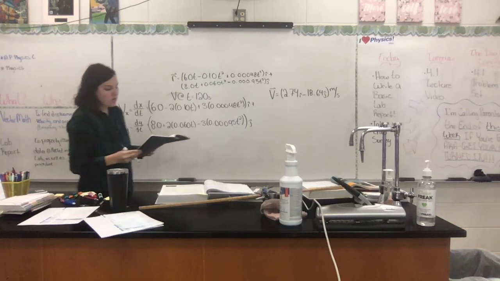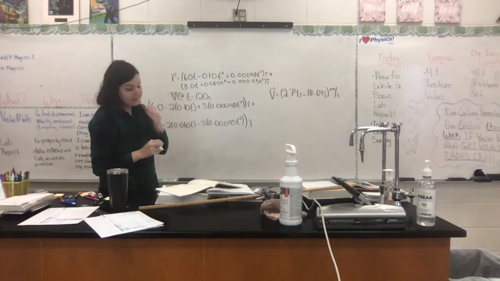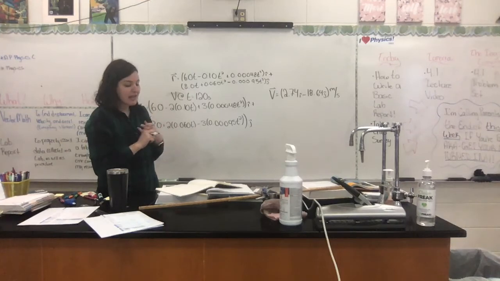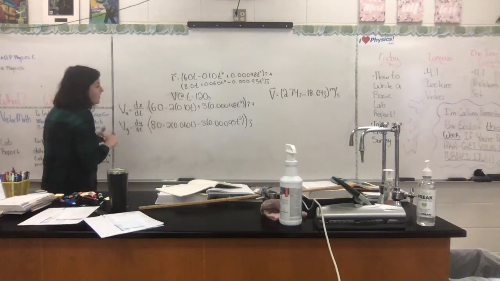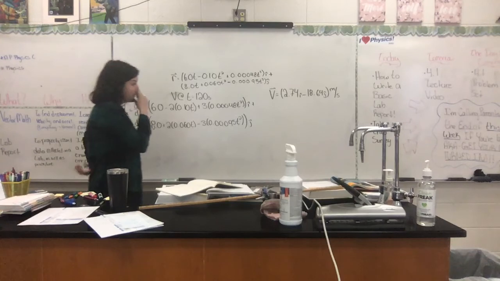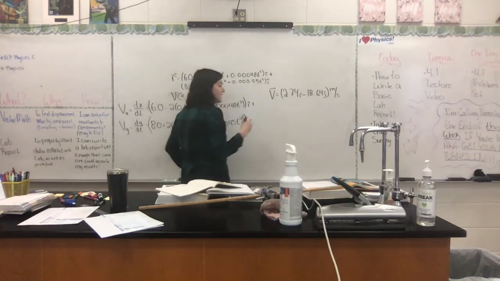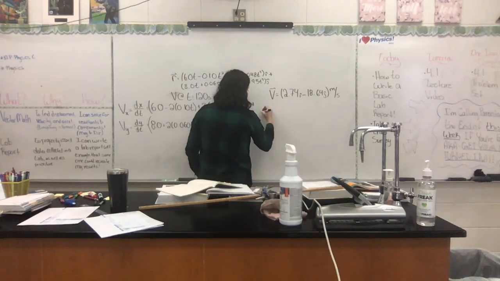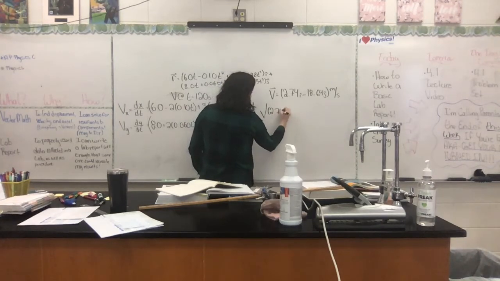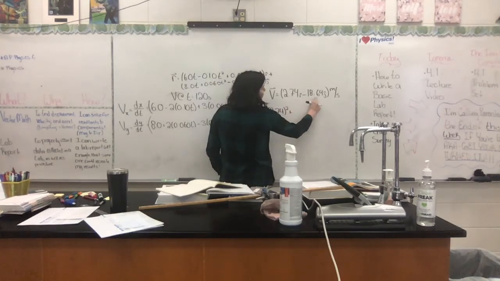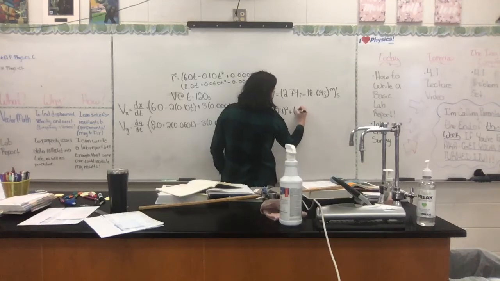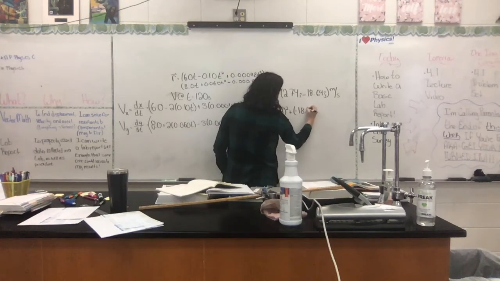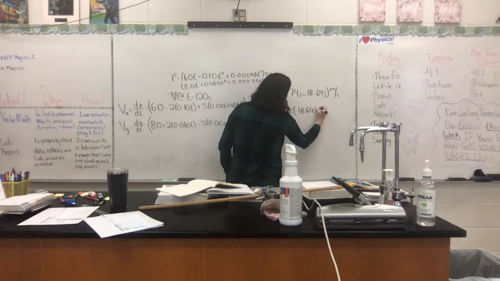However, we need to find the speed and direction of this car, right? So what we're going to do to find v is take the square root of the x component, 2.74 squared, plus the y component, negative 18.64 squared.